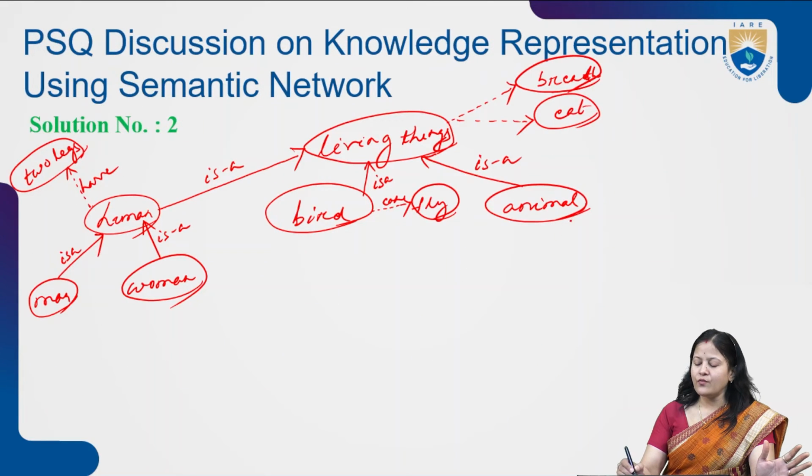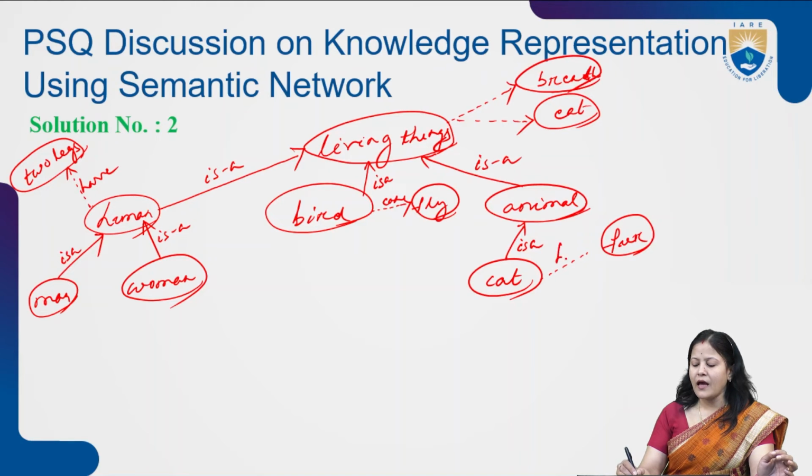So we'll create the cat class. Cat is an animal, so the relation is is-a, and cat has fur. Fur is the property, cat has, so the relation is has, and this can be represented with the help of a dotted arrow mark.